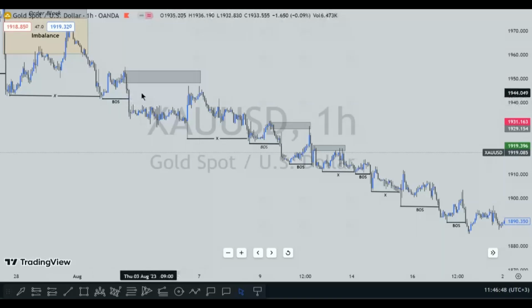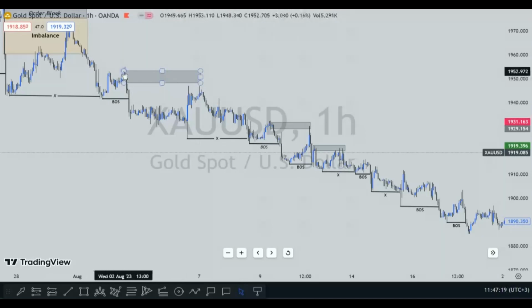Usually after a valid break of structure, as we explained, it indicates that the market will continue in the direction that it is currently moving. So in this case, we are on a downtrend. After this break of structure, it will be a confirmation that the trend is still downward.